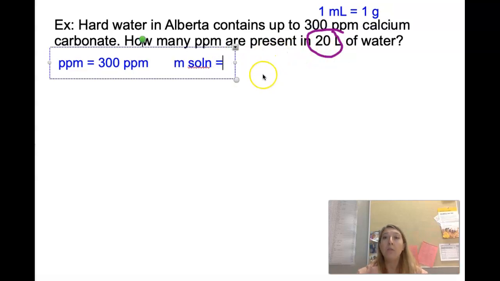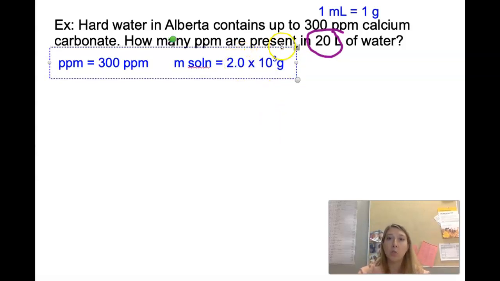Either I can write it like that, or I can just write it as 20 times 10 to the 3 grams, because that's generally how we convert over, using scientific notation. I could also write this as 2.0 times 10 to the 4 if I want to.